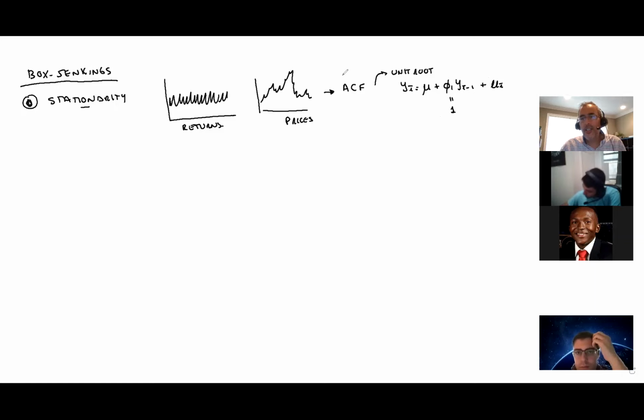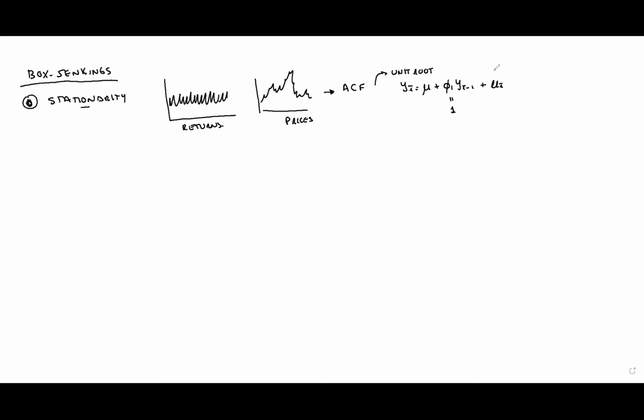And what is the ACF of a unit root? Basically, the ACF of a unit root, guys, is going to look like that: it goes to 1 and then basically stays there forever. And my PACF is going to look like that and then disappears.